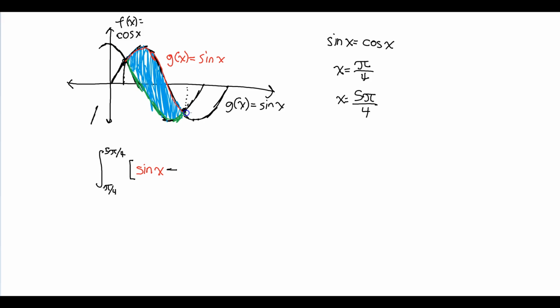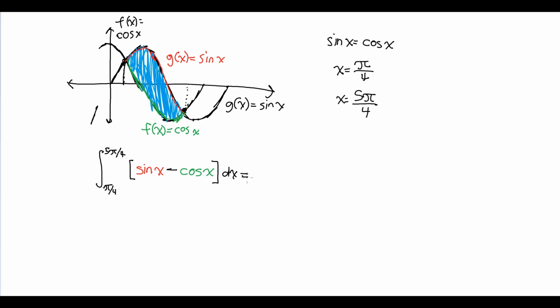You can see graphically it's cosine of x. Okay, and they usually do give you a graph on the AP exam, so you can graphically tell which one's top and which one's bottom. So you have sine of x minus cosine of x, dx. And now all we need to do is evaluate this integral.